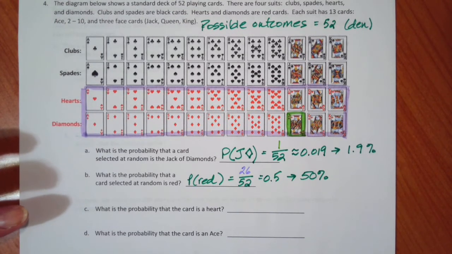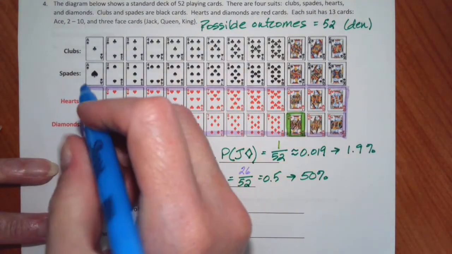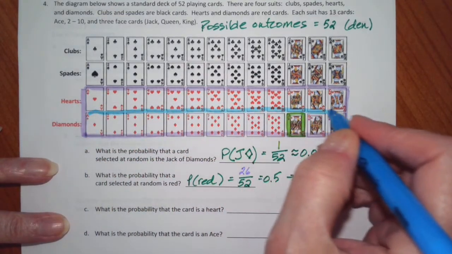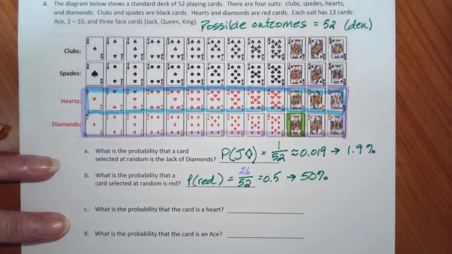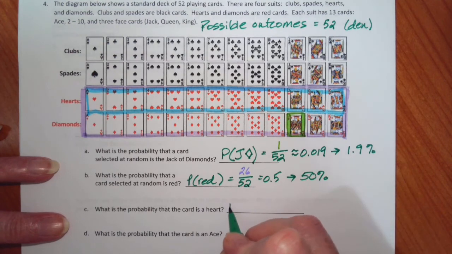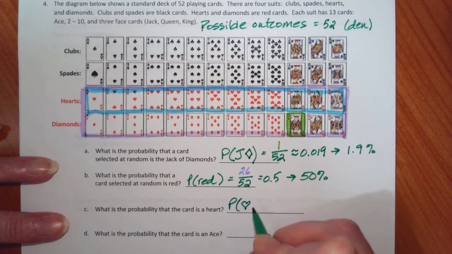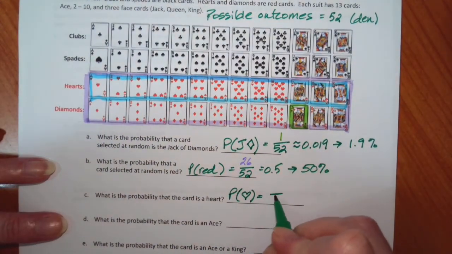All right, let's see. The probability that it's a heart. Well, where are all the hearts? They are these cards right here. You can see how messy this gets after I start marking things up a little bit. So the probability of a heart, oh, my hearts are awful, is something out of 52.